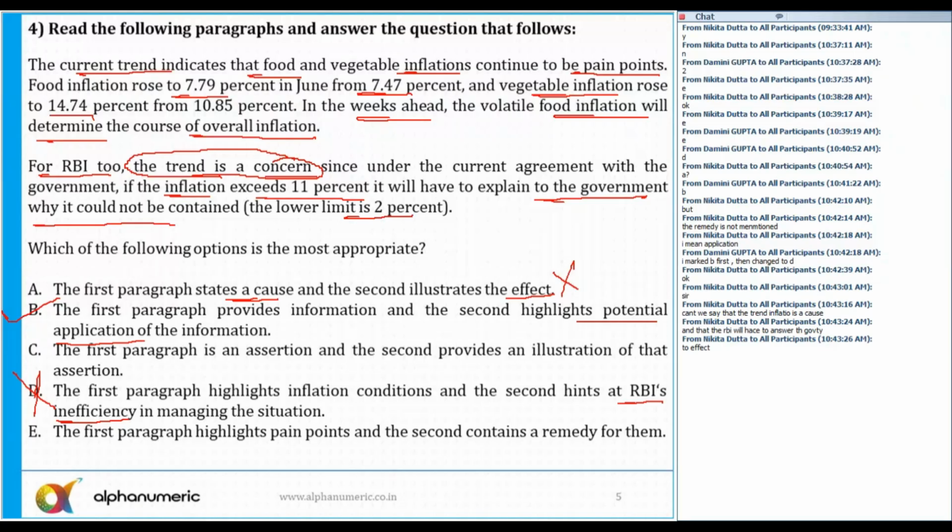That the RBI will have to answer to the government, but only when inflation exceeds 11%. If it does not exceed 11%, then RBI is not answerable. So it is not a definite effect. If it exceeds 11%, RBI will have to provide an explanation to the government; if it does not, it would not have to. So you can't say that it definitely illustrates the effect.